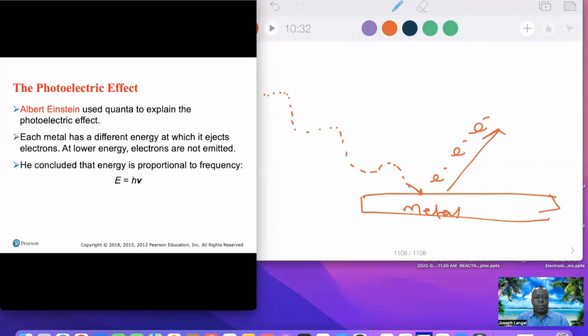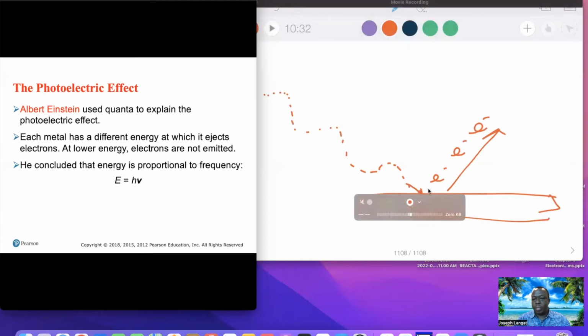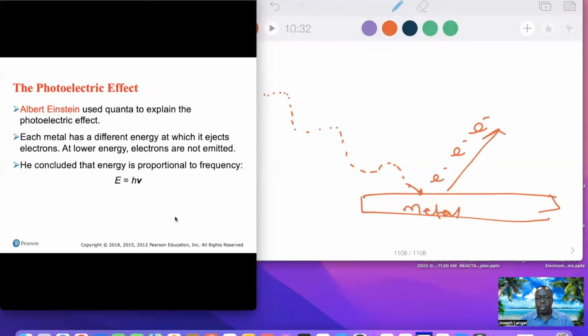Albert Einstein concluded that energy is proportional to the frequency. The minimum energy required to eject the electron from the metal surface is proportional to the frequency, which is actually in line with what Max Planck proposed, that the energy from the hot object is quantized.